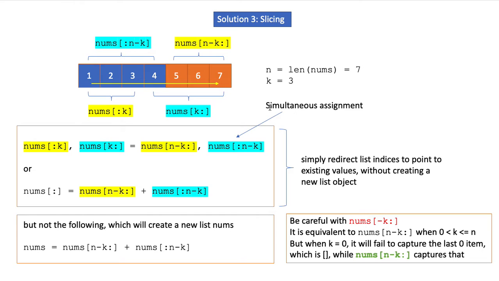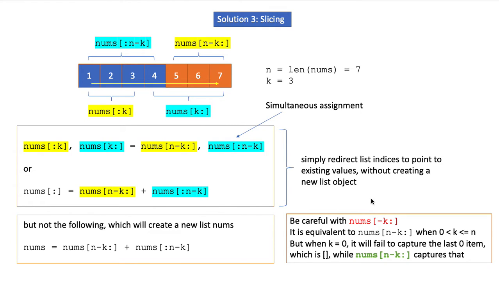Importantly, we will have this simultaneous assignment where nums[:k] equals nums[n-k:], since we rotate the last k items to the beginning, and we also have nums[k:] equals nums[:n-k], since we rotate the first few items to the remaining part of this nums array.